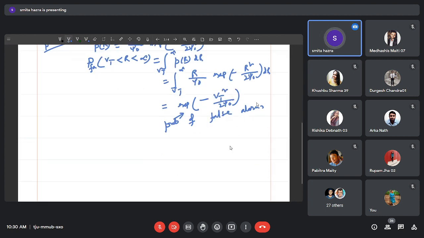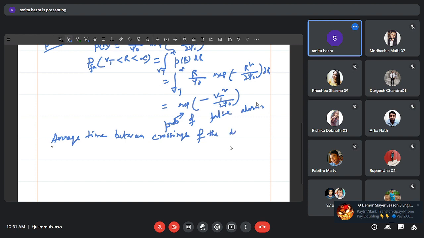So let us consider the time between the false alarms. We can write that as the average time between the crossings of the decision threshold.